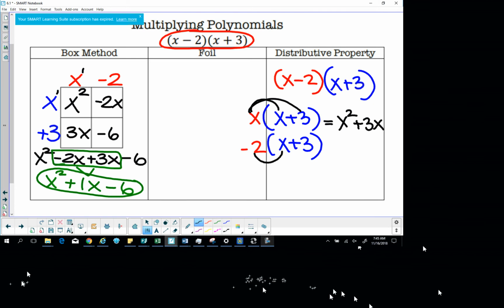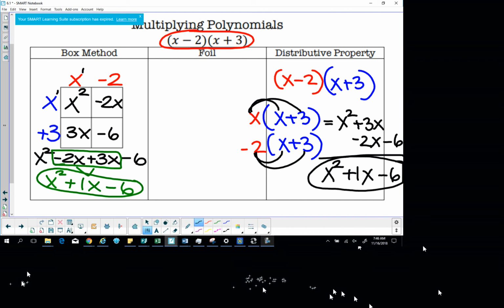Negative 2 times x. Negative 2x. I'm putting it under here because they're like terms. And negative 2 times 3. Negative 6. And then you're just combining like terms. So x squared, I move down. What's 3 minus 2? 1x minus 6. Same answer? Just a different way to do it.